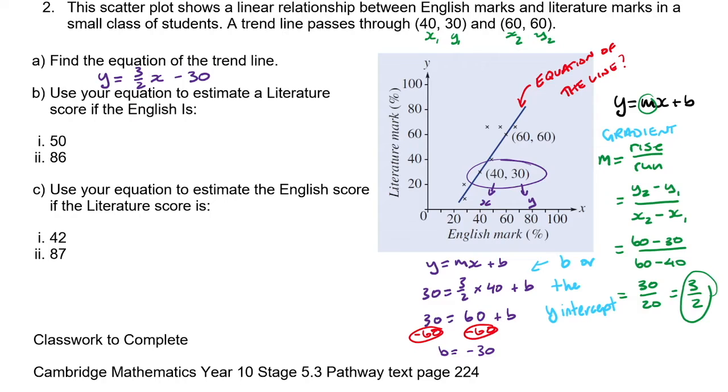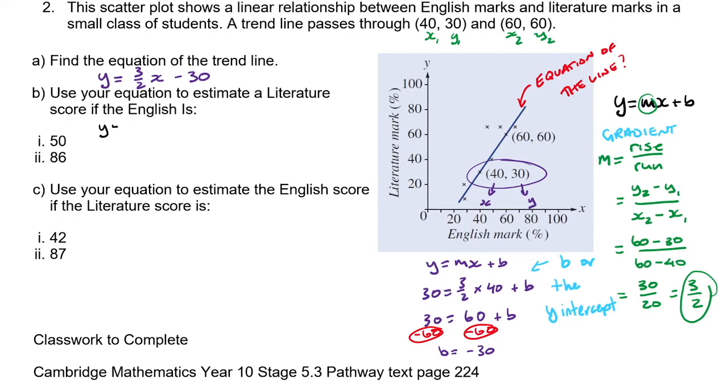Okay, so now we're going to use that to do some analysis and some extrapolation and interpolation. So first off, we want to know what will they get in literature if they get 50, or estimate what they're going to get. So first off, we're going to use our first equation, and literature is our y value, English is our x value.